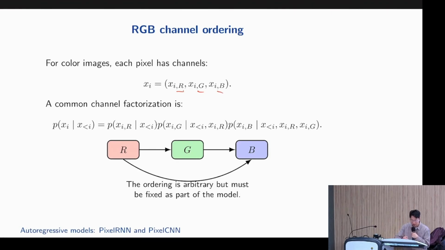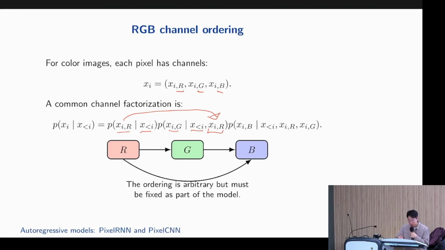To generate the red pixel value for location i, condition on all the past. And to generate the green value for the ith pixel, you condition on all the past, and also condition on what you just generated here.